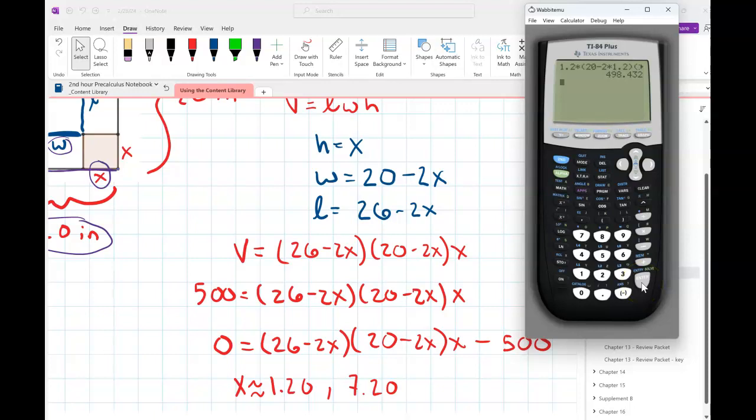That's our 500. Why isn't it exactly 500? Because I rounded the 1.2, right? There was more decimals there that I just dropped.